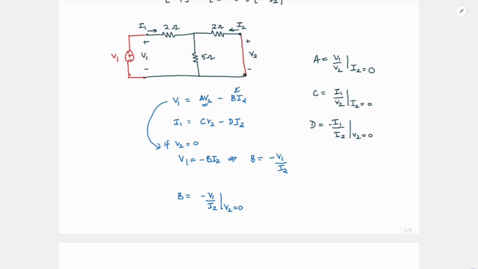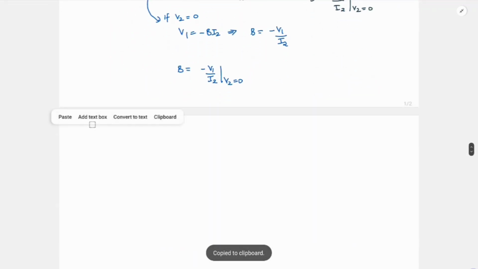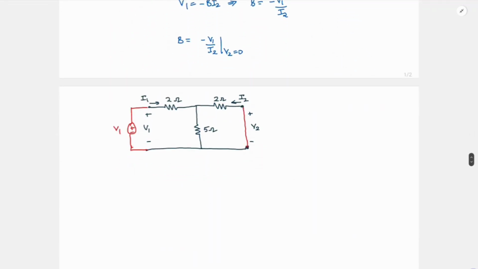So we need to short the output. I'll copy this circuit. This is V1, and for convenience I can take it to be any voltage, so I'll take it to be 1 volt. Then my B equation will be minus 1 by I2, and V2 is anyway equal to 0; we have ensured that. In terms of I2, what is this voltage?